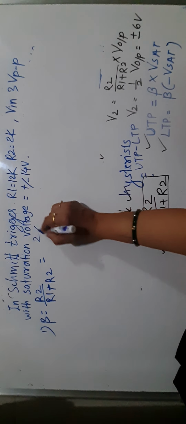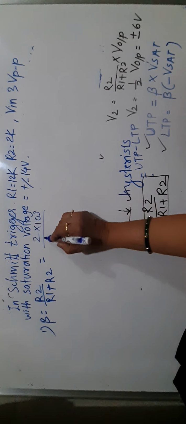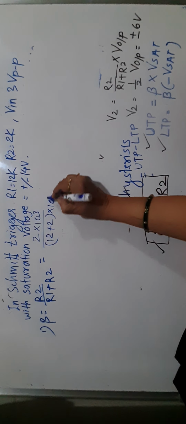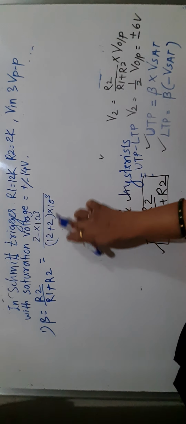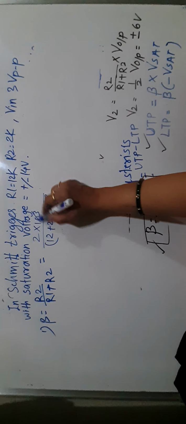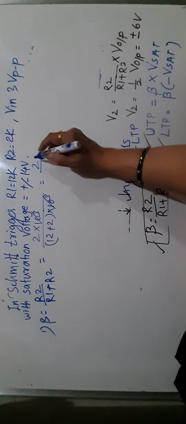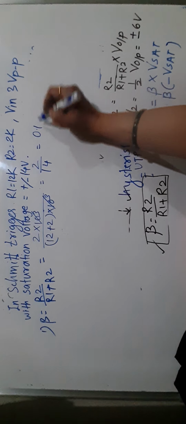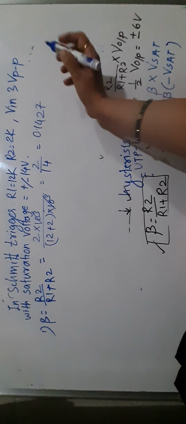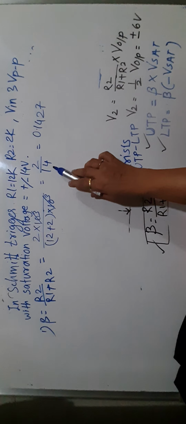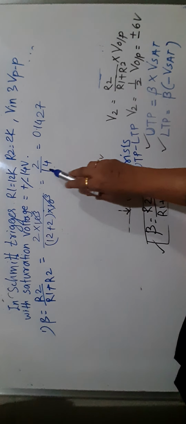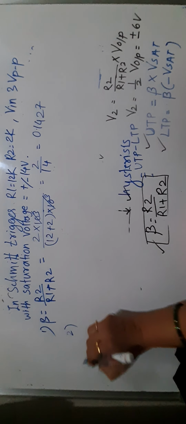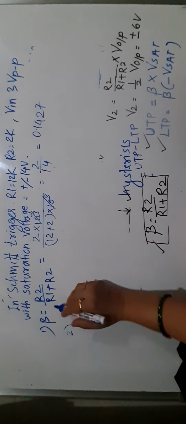R2 is 2K, 2 into 10 raised to 3, R1 plus R2, 12 plus 2 into 10 raised to 3. Because both resistances are in kilo ohm, this gets cancelled. So 2 upon 14 equal to 0.1427. If it is not asked to calculate the feedback fraction, then you can keep this as it is, like 1/7.